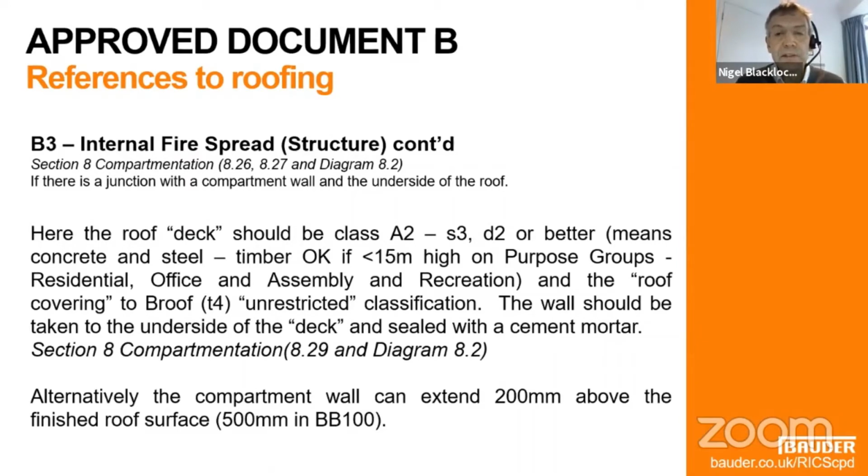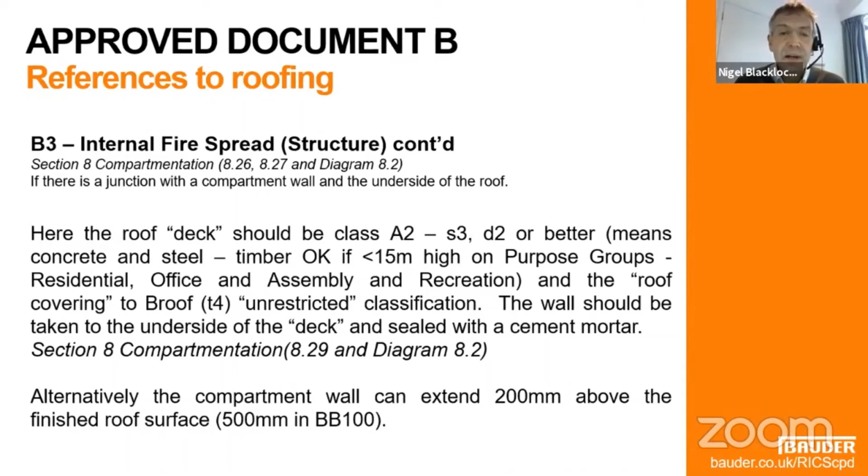But what I can say, to simplify it, is if the deck of your flat roof is non-combustible, i.e. concrete or steel, or it's a timber deck that is less than 15 meters high, in the purpose groups of residential, office or assembly and recreation, then provided your roof system achieves B roof T4, which most flat roofs do, you shouldn't have to do any extra precaution.